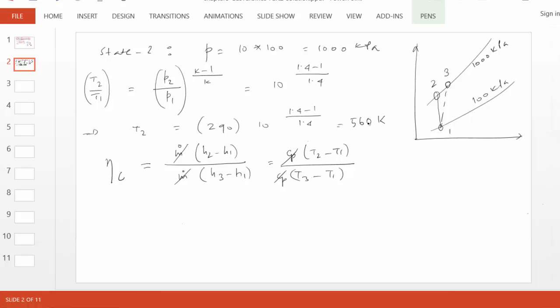And because compressor efficiency is supplied, 0.9 times (T3 minus T1). So that gives us T3 equals T1 plus (T2 minus T1) divided by 0.9.